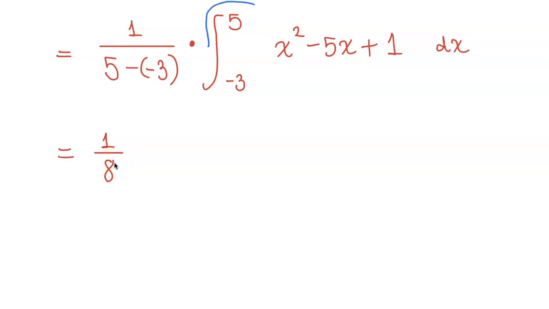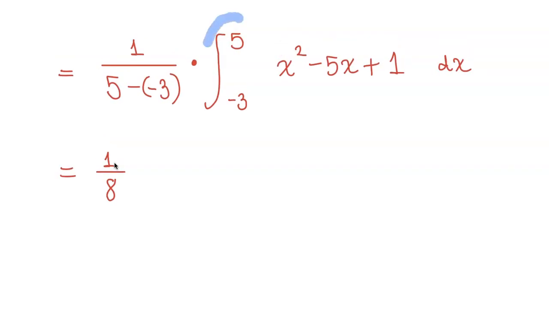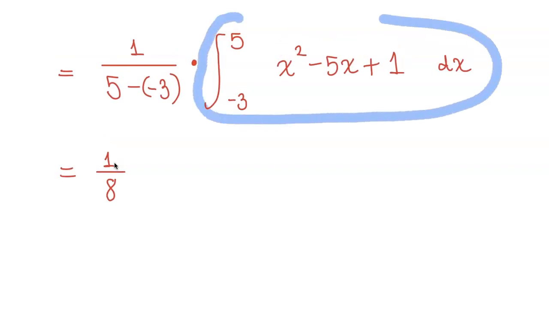I'll use a blue pen to take care of this definite integral problem. Here's my goal: I'm going to find what this blue is, and I will divide my answer by 8. So let's take the antiderivative of this.